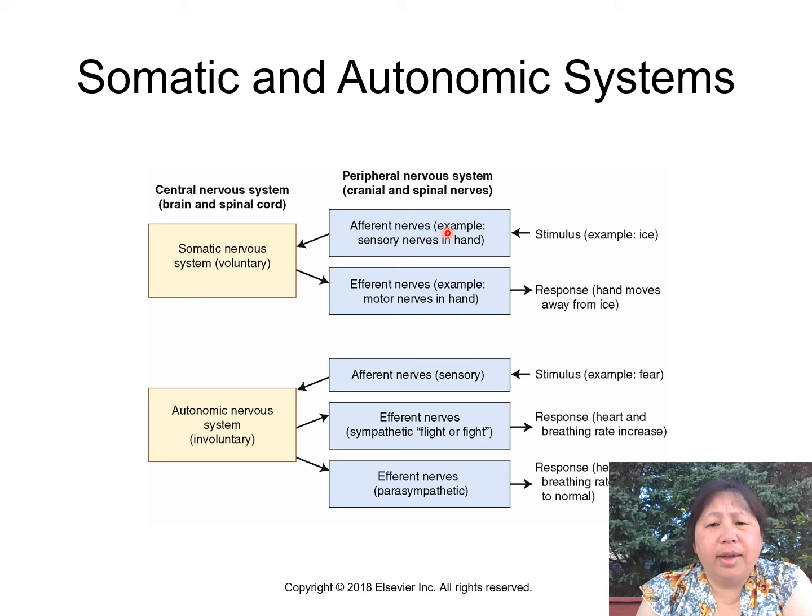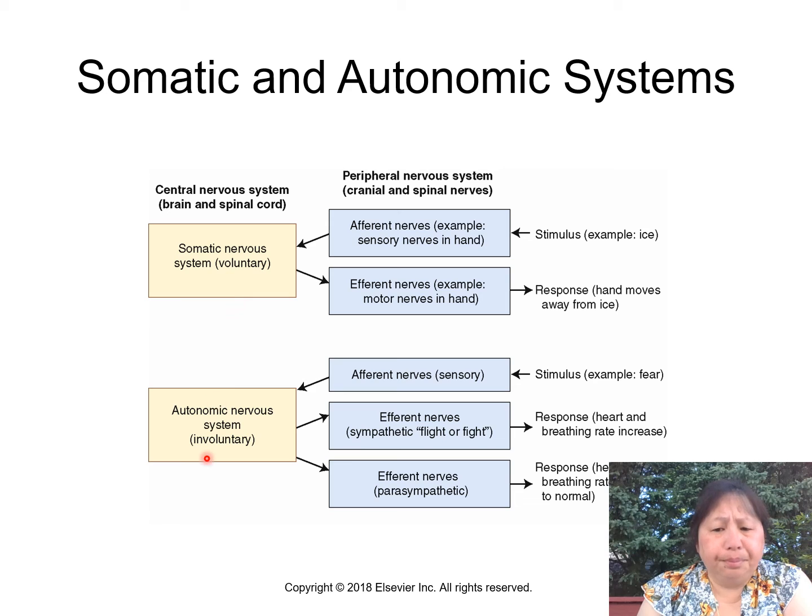It will carry that sensory message to your central nervous system, and your brain will process it and say, okay, what do we need to do here? And then your brain will send a message back through your efferent nerves, and you will remove your hand from the ice that's causing you to be cold. This happens within seconds, and it's voluntary because you are actually moving your hand.